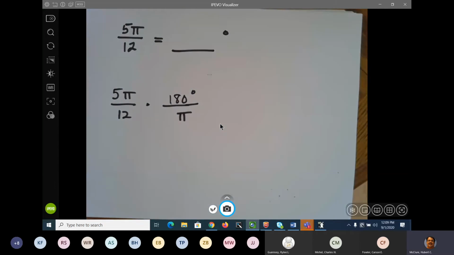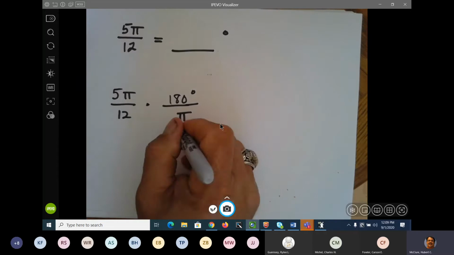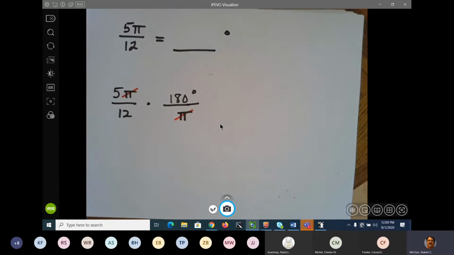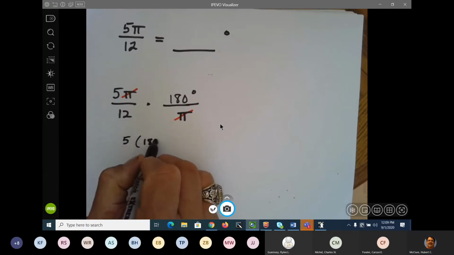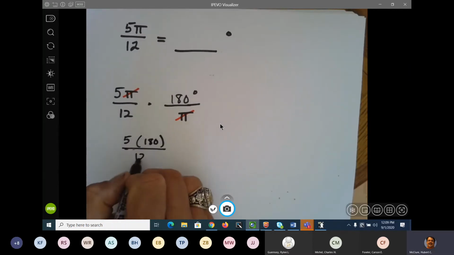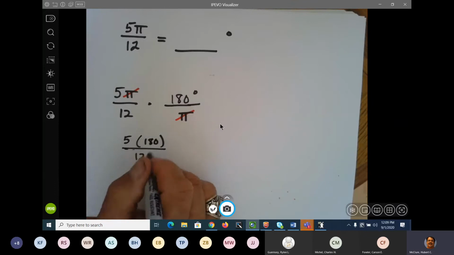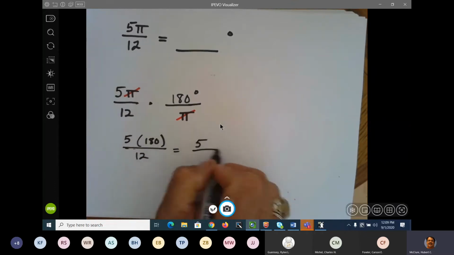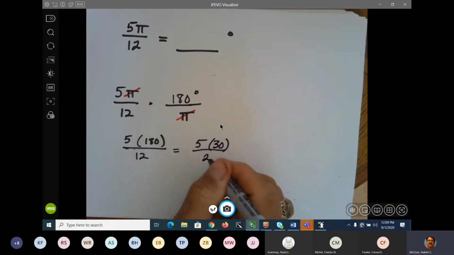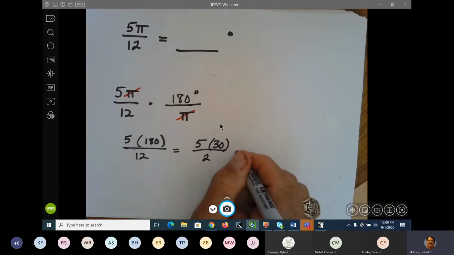The pi's cancel. And you're left with 5 times 180 over 12. 6 will go into here 2 times. Two will go into 30, 15.